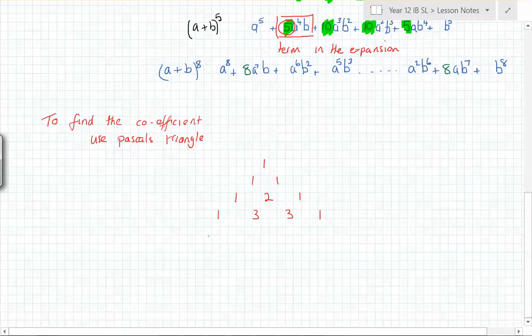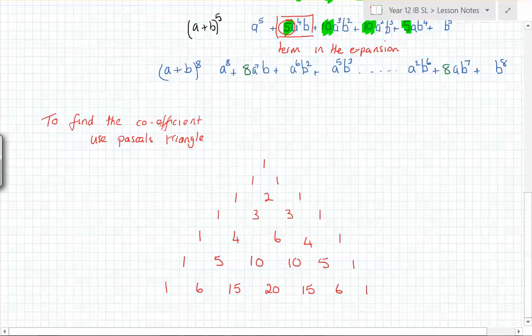What's the next line? 1, 4, 6, 4, 1. Next line. 1, 5, 10, 10, 5, 1. Spot how it's done yet? Next line. 1, 6, 15, 20, 15, 6.